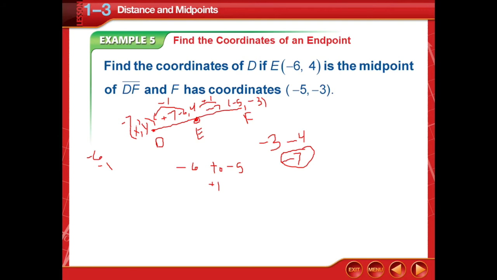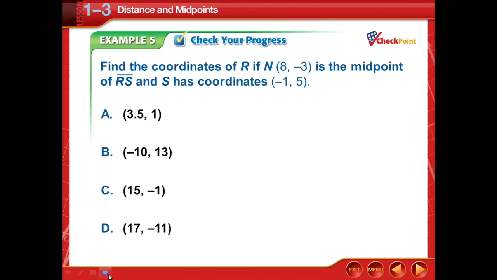It's like saying I'm going to one friend's house, who lives the same distance from the other friend. And therefore, 7 plus 4 gives me 11, and therefore my answer is negative 7, 11. Here is an example for you to try.